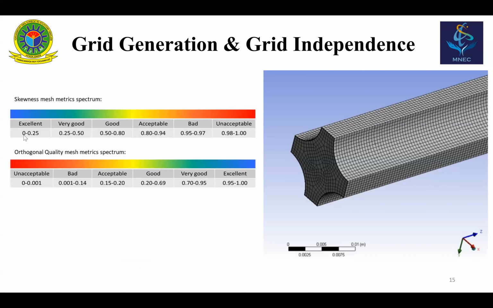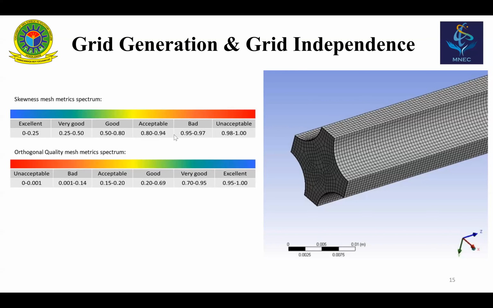Whenever you create a mesh and check the skewness, if it gives a value from 0 to 0.25, then you can say that your mesh quality is excellent. And if it's 0.8 to 0.94, this is acceptable, but we don't go into this red zone. We try to keep the skewness of the mesh from 0 to 0.25, or hardly 0.3.